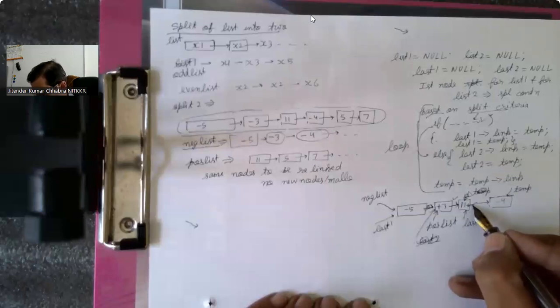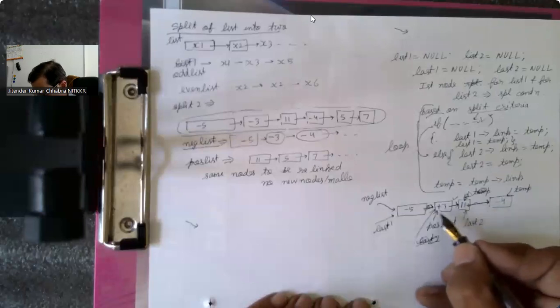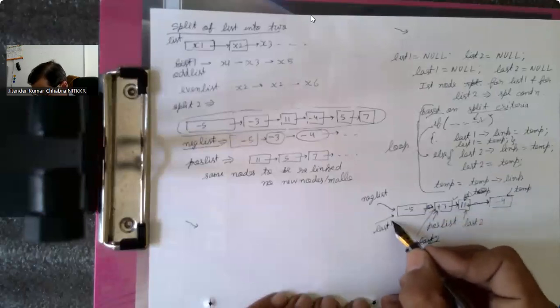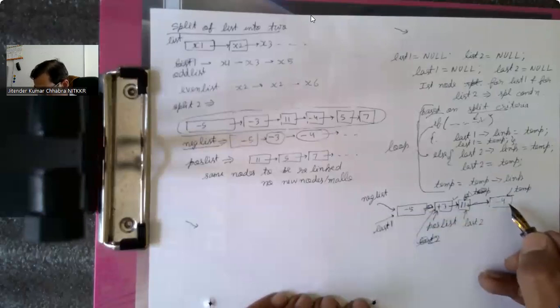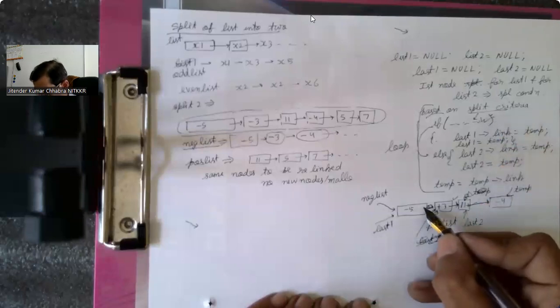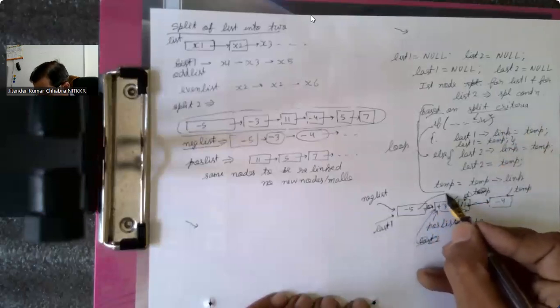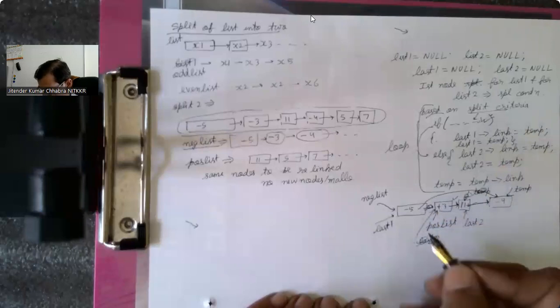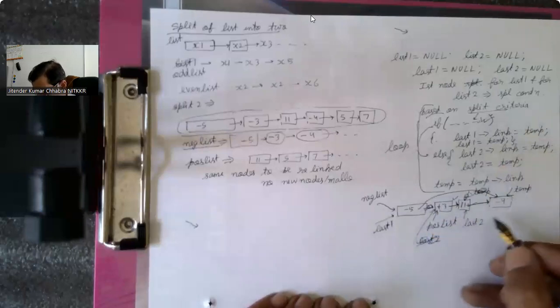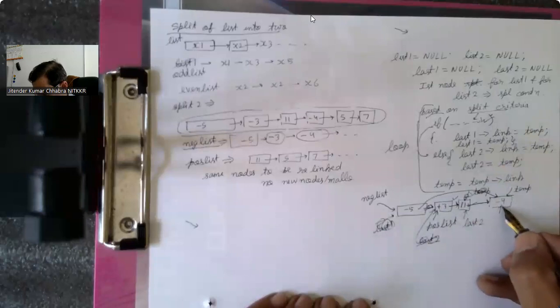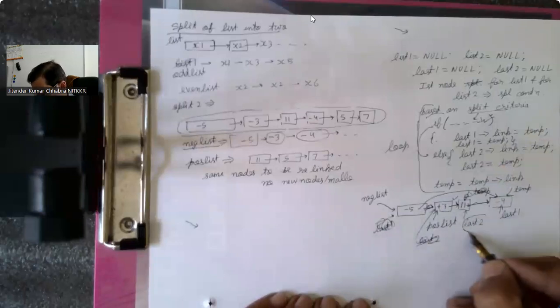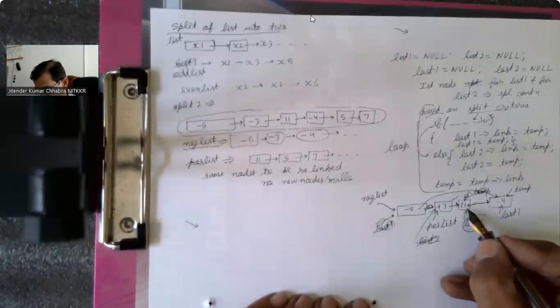Now, this link is currently existing, but last one is -5. -4 is a negative value based on the condition. Last one will be linked like this. So this link will go there and last one updated. So last one is the last node in the negative list. Last two is the last node in the positive list.